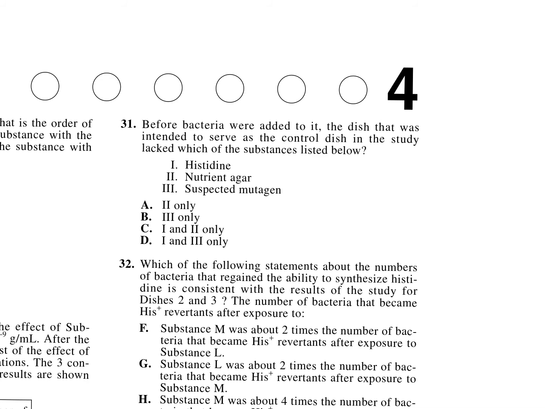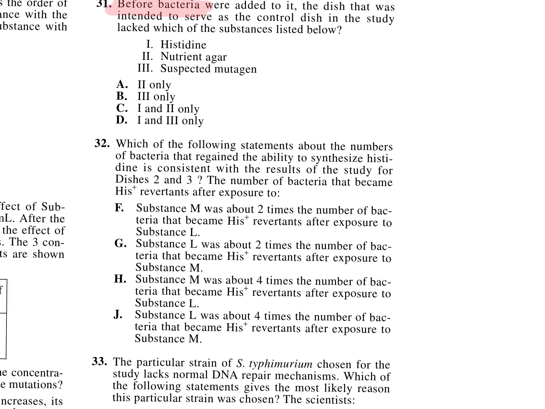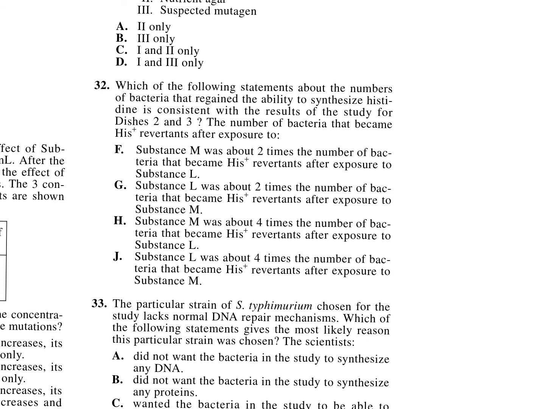Key thing here, before the bacteria was added. Okay, so it's telling you a time frame, a reference. 32 tells you where to look, dishes 2 and 3. And honestly, in 33, it's almost like a 50-50.